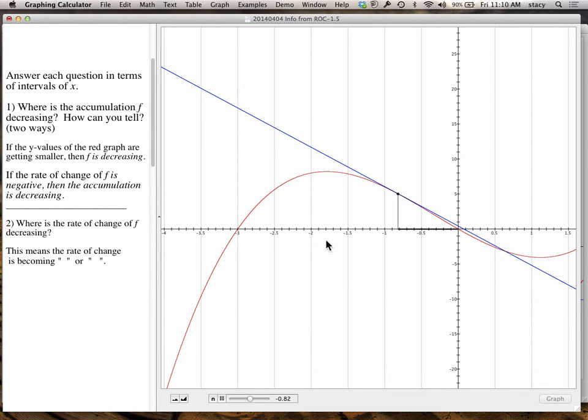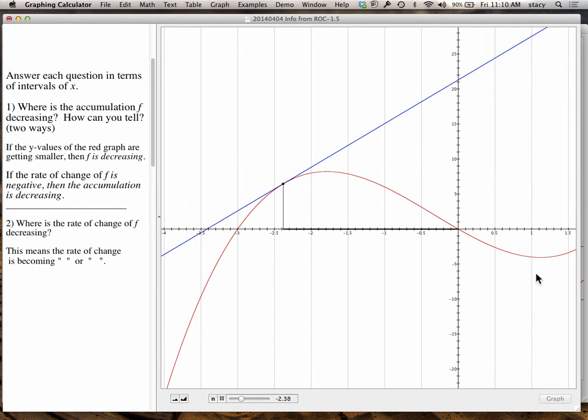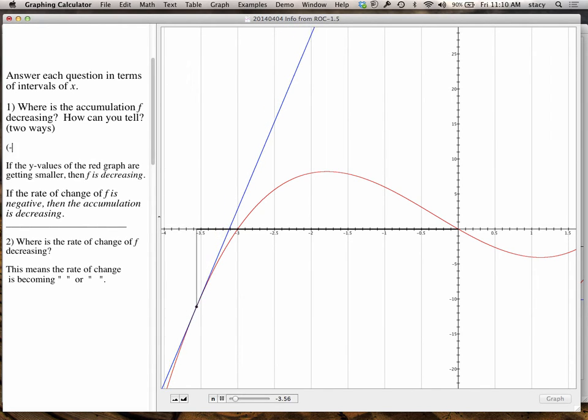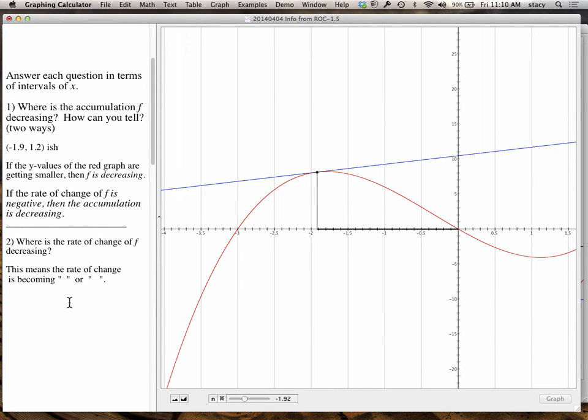So from about negative 1.9-ish to about 1.2. Okay. Where is the rate of change of f decreasing?